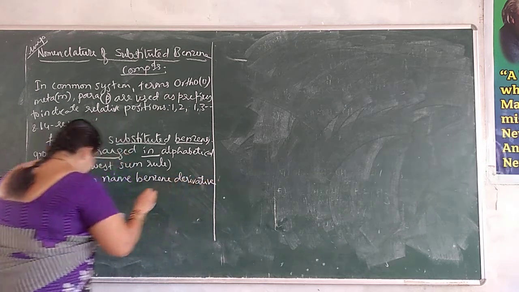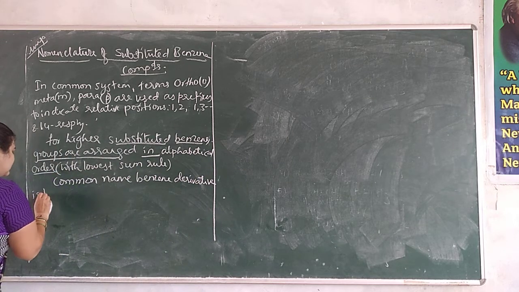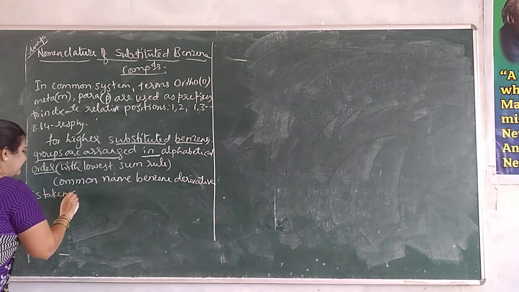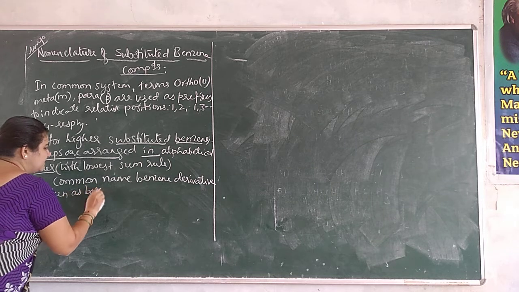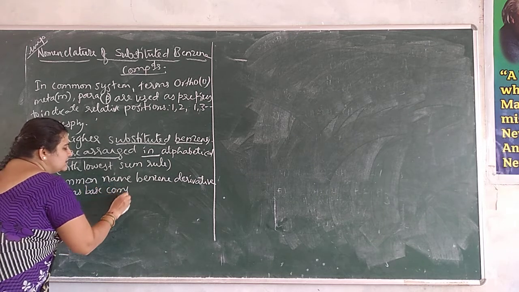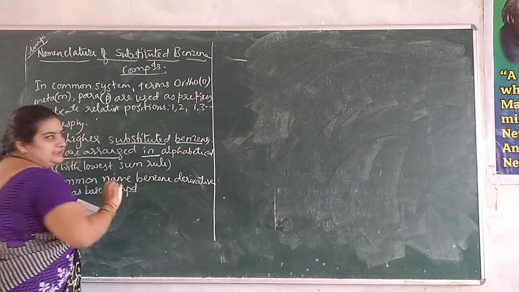Now, the common name of the benzene derivative is taken as the base compound, that means phenol, aniline, anisole, toluene, like that.